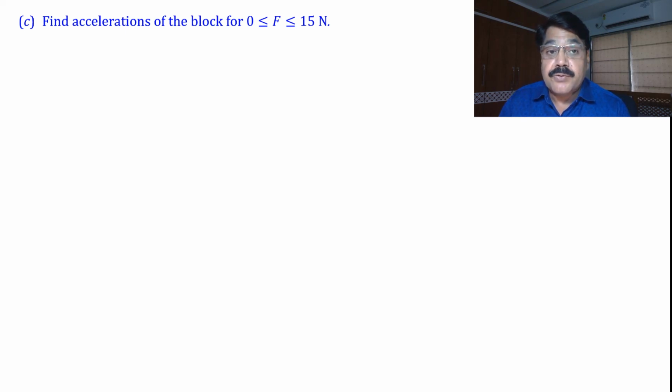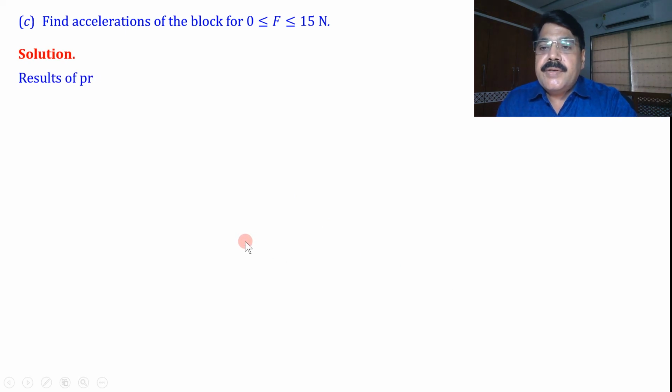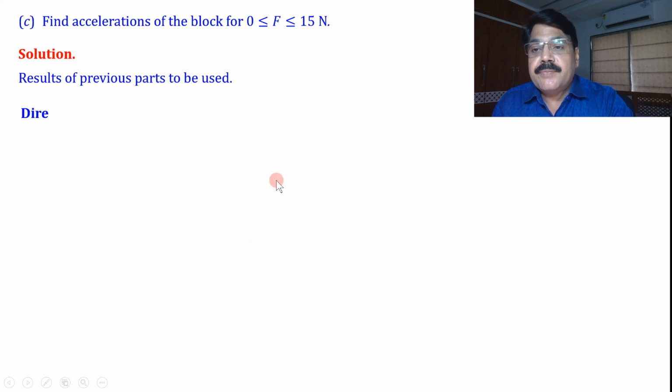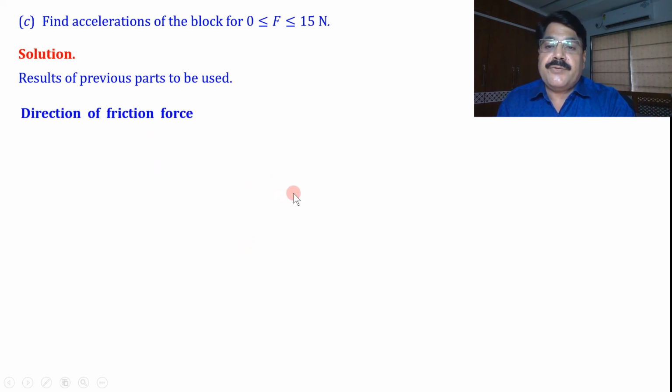Even to solve that problem, we have to solve the two parts we did earlier, A and B: at which value of force sliding will initiate between B and C, and at which value of force sliding will initiate between A and B. So for this problem, results of previous parts are to be used. What are the results? Direction of frictional forces and their limiting values.